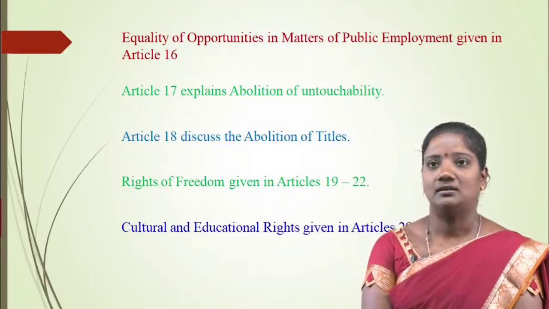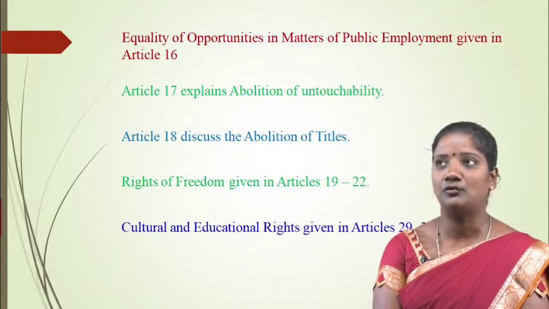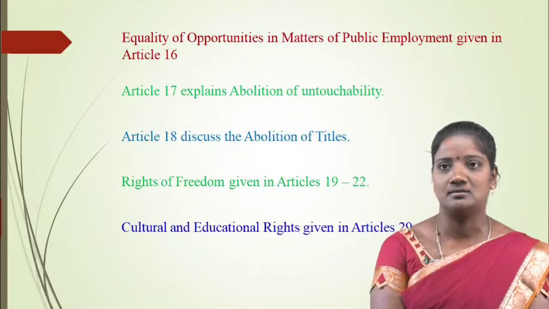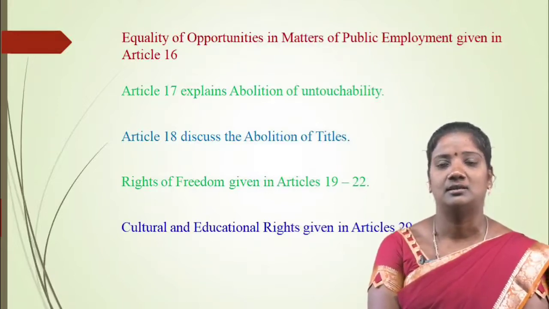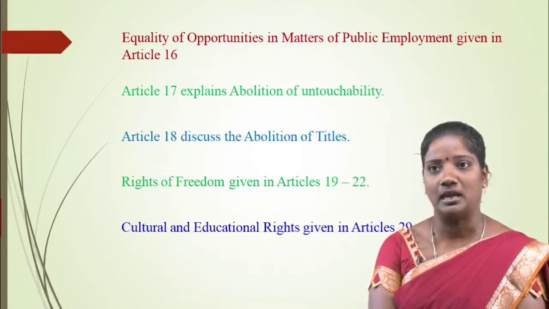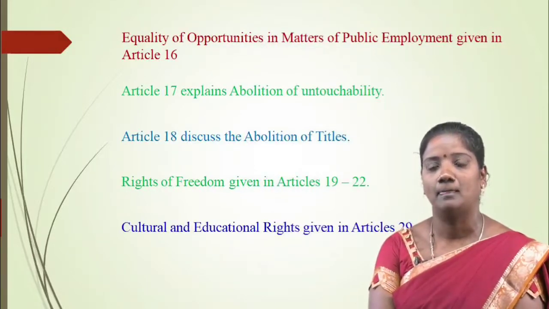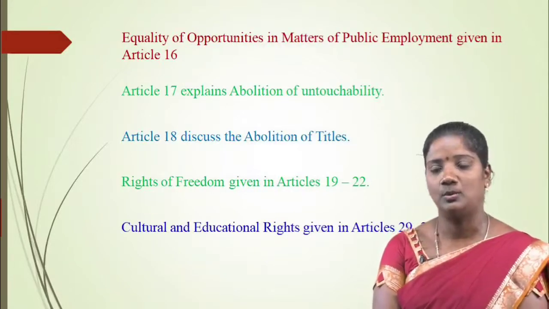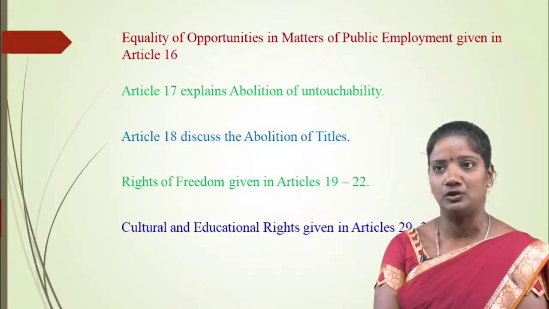Article 17 explains abolition of untouchability. Article 18 discusses the abolition of titles. Rights of freedom are given in Articles 19 to 22. Cultural and educational rights are given in Articles 29 to 30.